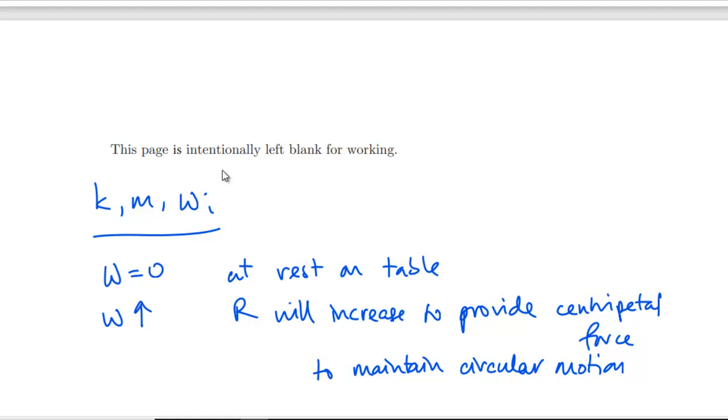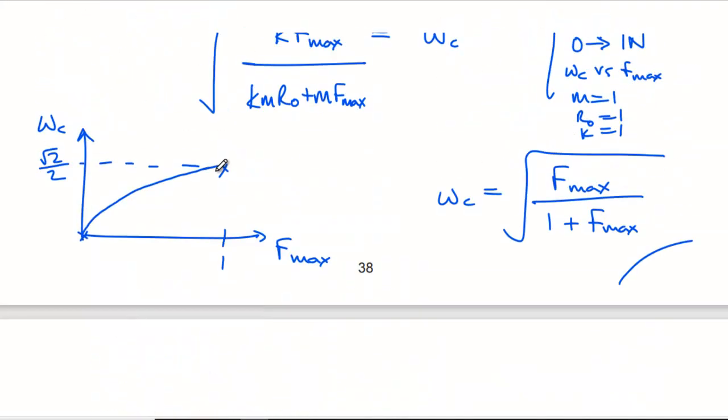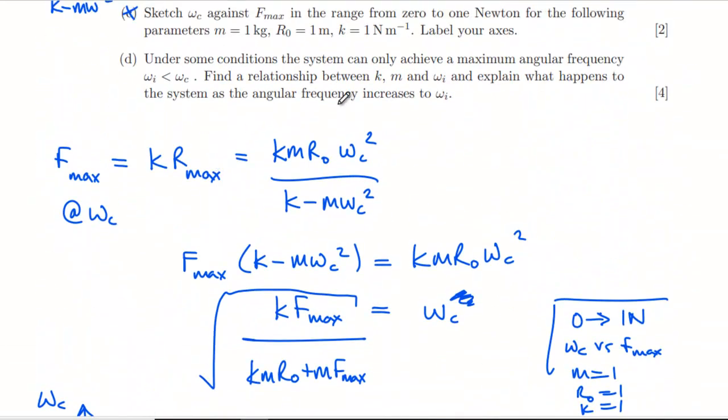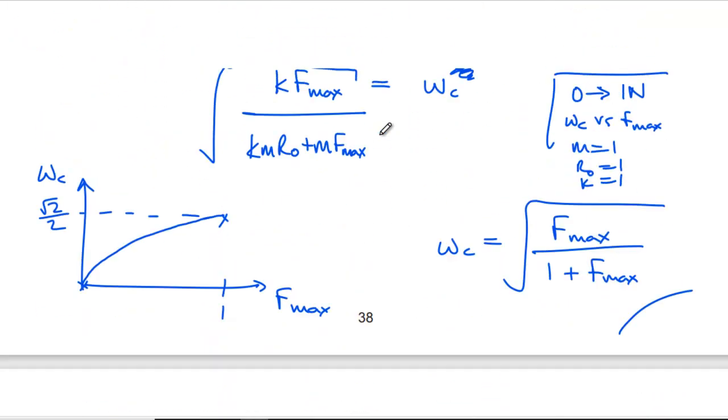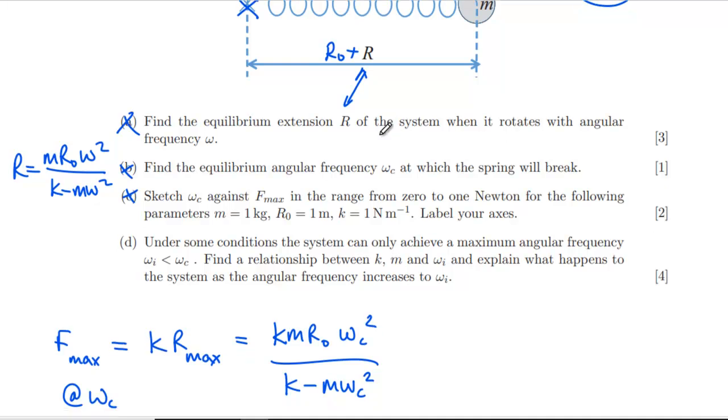What happens then as it increases to omega I? When we get to omega I, that's going to be the limit of it staying in a circular motion. The trouble you're going to have is when you get past that, we're going to have some value of R where this is going to break down.